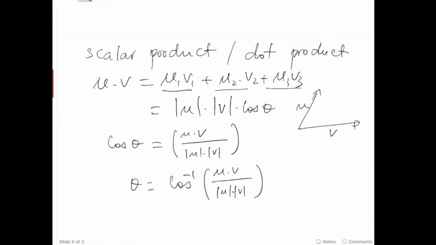Suppose that you are given two vectors, a as 1 2 3, and another vector b as 2 0 4, and you are asked to find the angle between vectors a and b.